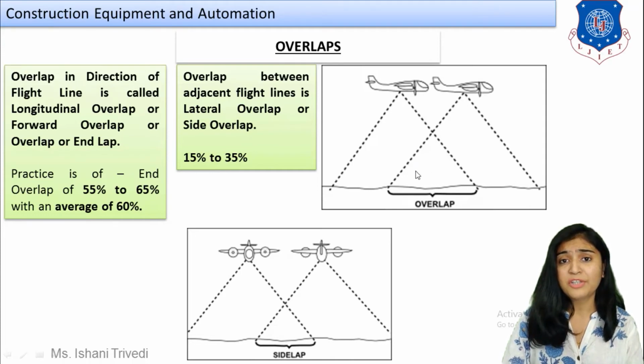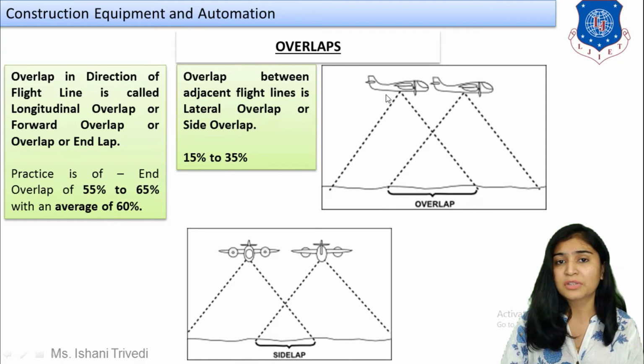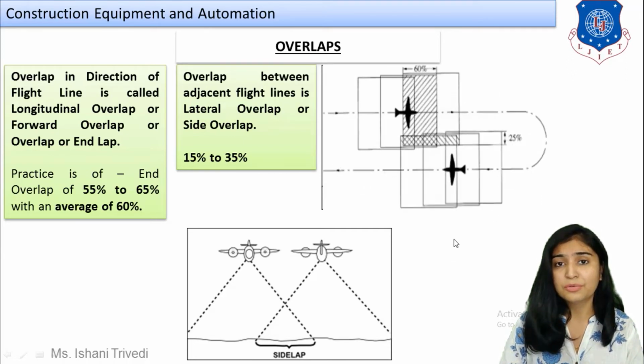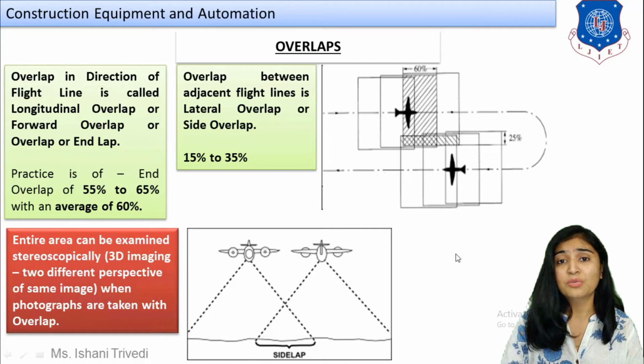Now purposefully you are going to keep overlap up to 60% when we are talking about the end lap, and if you are talking of the side lap, then up to 15% is in practice. Why? Because it is going to give you proper data. It is going to let you cover the area stereoscopically. What is stereoscopically? It means it is going to give you two different perspectives of the same area.